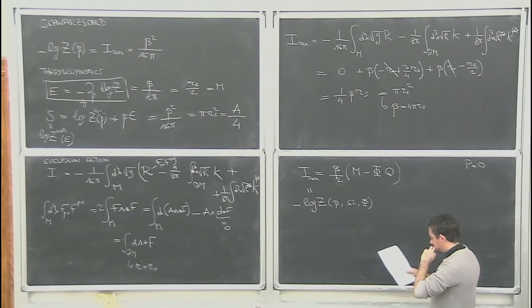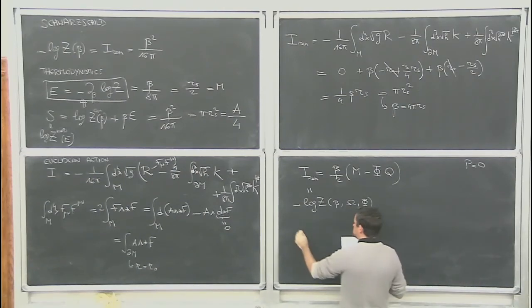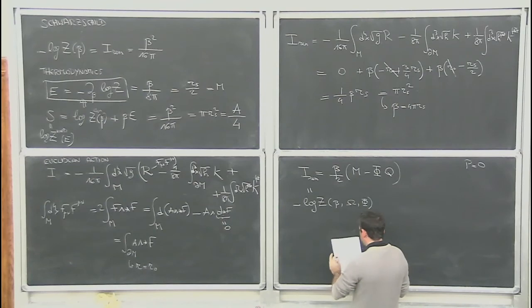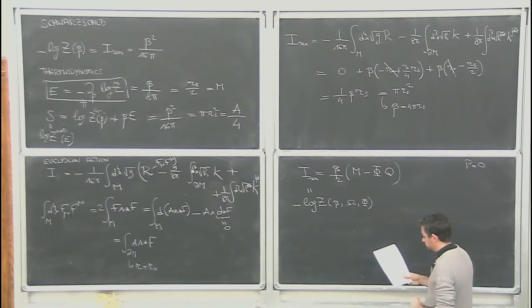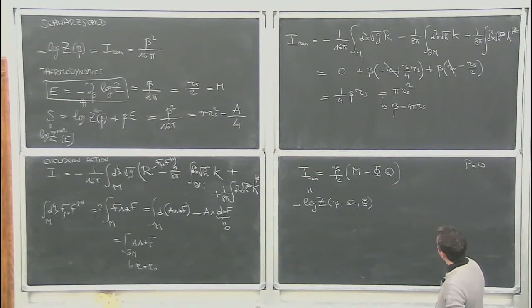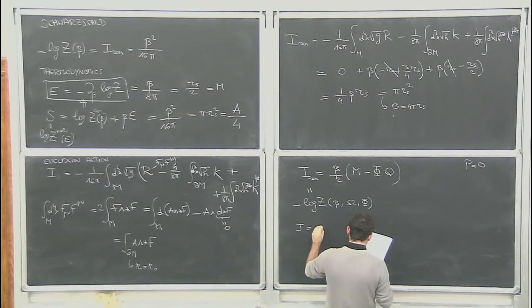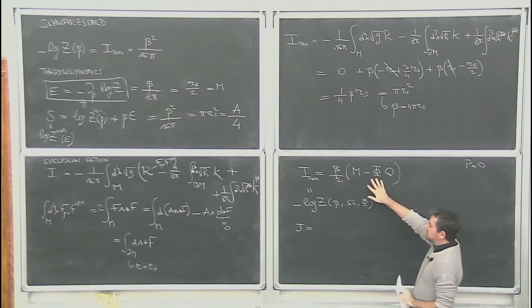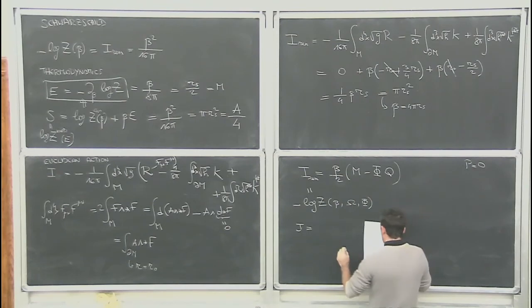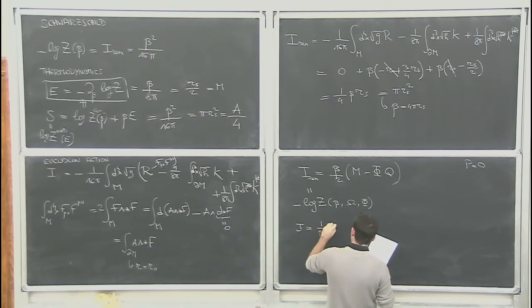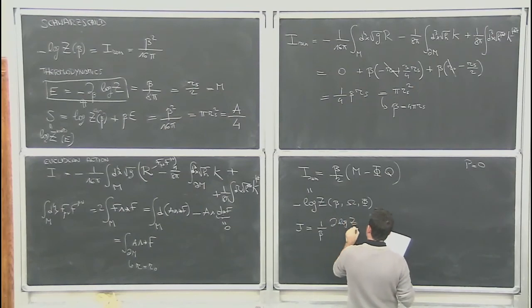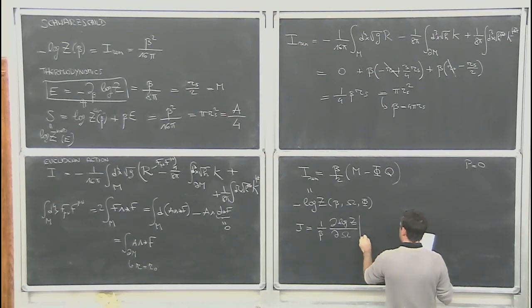Okay, let's see what's a good way to do that. Let's use the Smarr relation. Well, first, let me do it in another way. One can verify something. It's not immediate to do that, but one can show that J, although it does not appear here, is 1 over beta del log Z with respect to omega when I keep beta and phi finite.